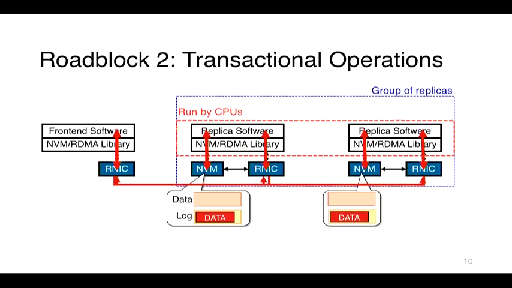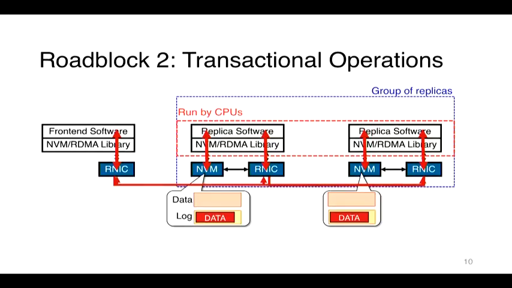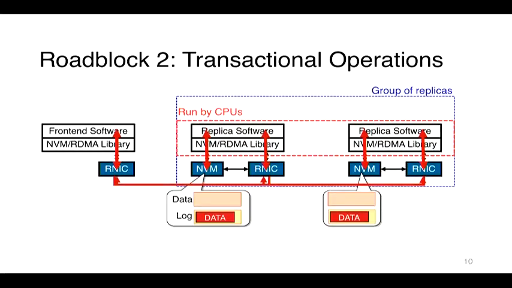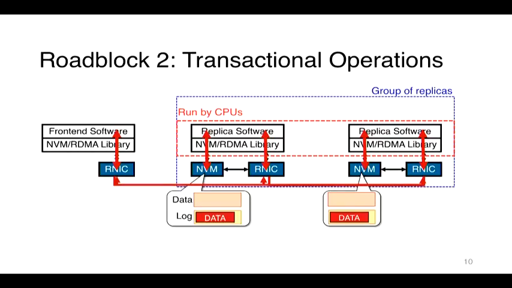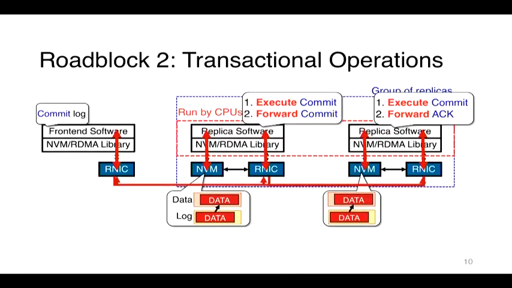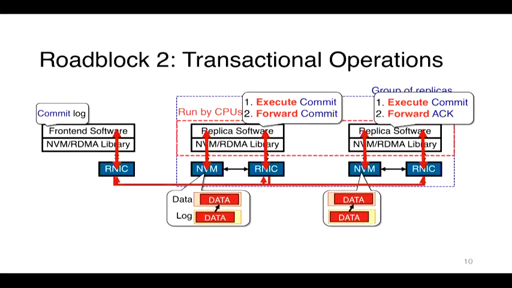The second challenge is that existing RDMA primitives might be sufficient for data logging, but they cannot perform other key transactional operations, such as commit or locking, which are required by most storage systems today. Let me explain this problem using the commit operation as an example. When the front-end server issues a commit operation, the data in the log region has to be copied to the data region in the memory.